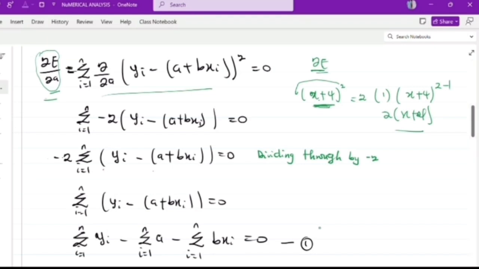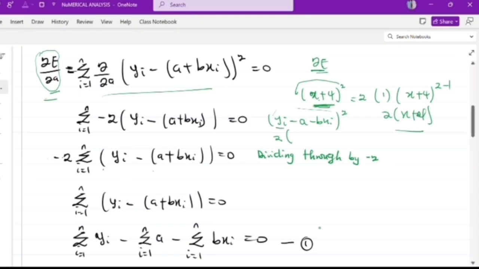Here we are having y_i, so let me expand this one, minus a minus b x_i, all squared. And we are differentiating with respect to a. So the 2 comes in front here. Now, when you find the partial derivative, when you differentiate with respect to a, we treat the rest to be constant.